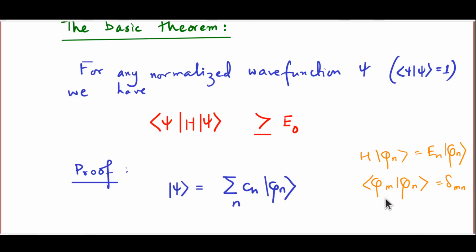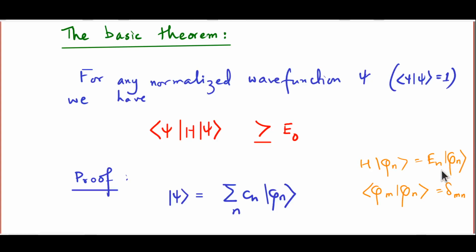Of course, we also know that the En's are real, and for the time being, we are going to assume for simplicity that the eigenvalues are discrete and they form a sequence E0, E1, E2 and so on, where E0 is the lowest energy eigenvalue, and E1, E2, E3 keep on increasing in succession.